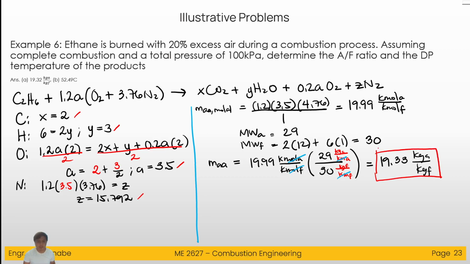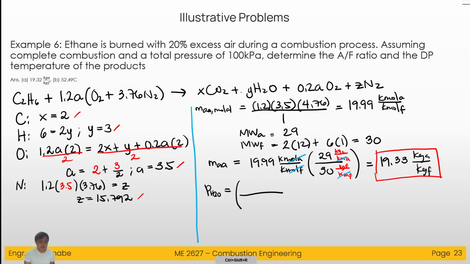Yeah. So we want to now determine the dew point temperature of the products. So you have to determine the partial pressure of the water vapor. This will be just the number of moles of the water vapor versus the total moles of all the components of the products.